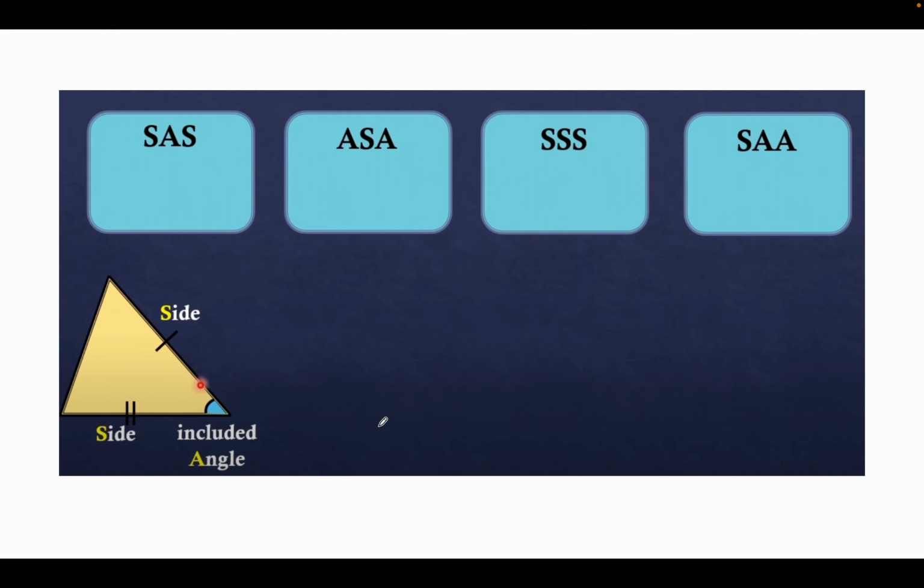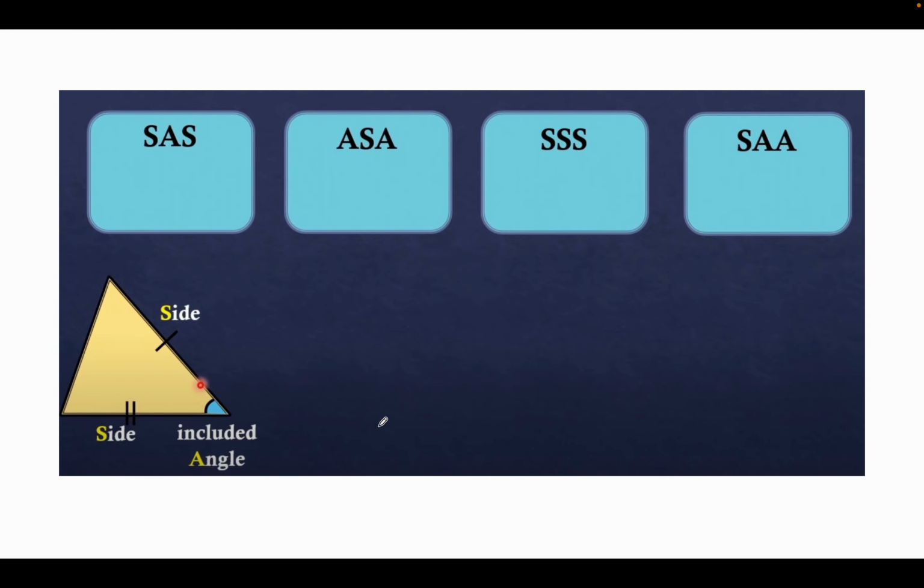Okay. So, i-review natin ulit. Let's try to generalize everything we had discussed about the postulates that we can use to prove that the two triangles are congruent. So, we have SAS, meaning two sides and their included angle.